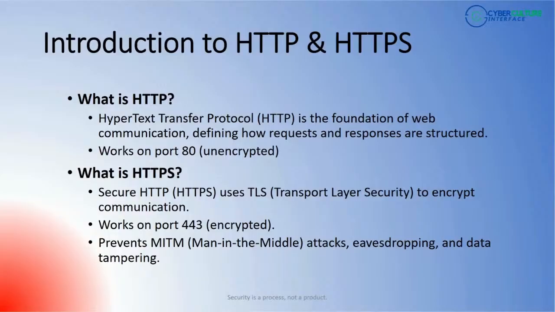Then we have HTTPS. HTTPS is basically a secured version of HTTP, and it uses TLS to encrypt communication. I think in the last class we talked about encryption and did some demo practicals on it. This is a type of encryption that makes HTTP secure.